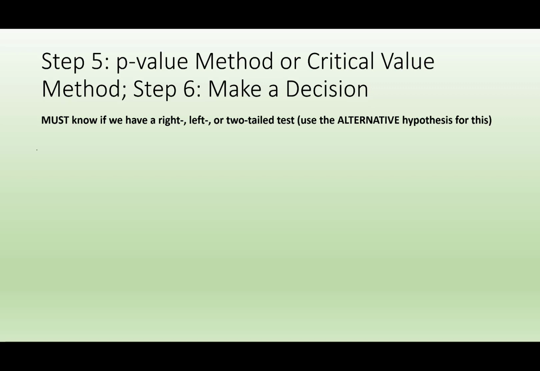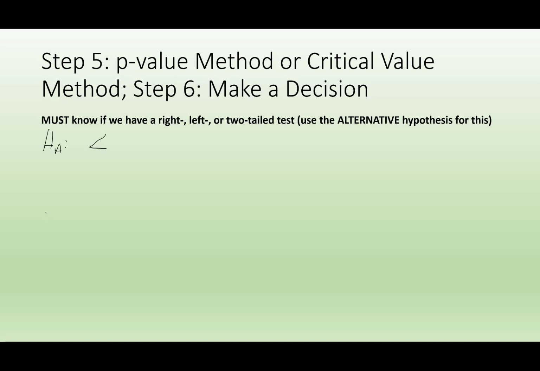Now, for both of these methods, we must know if we have what's called a right-tailed, left-tailed, or two-tailed test. And this is going to come from the alternative hypothesis.